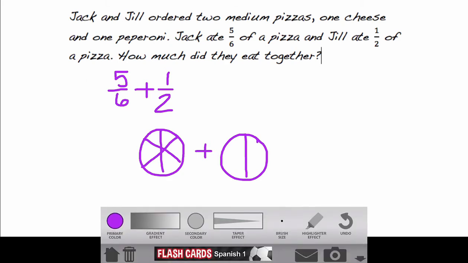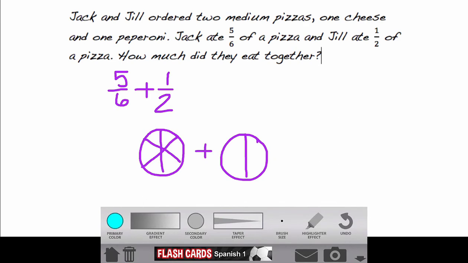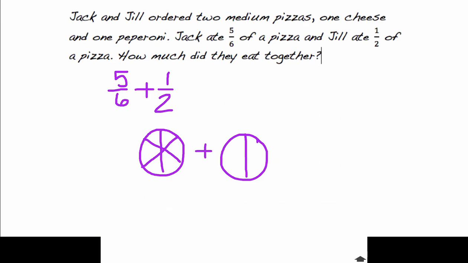Now let me change colors real quick. Okay, so if Jack ate 5/6, we have 1, 2, 3, 4, 5 of the 6 pieces of pizza, and Jill ate 1/2. The shaded regions represent what each person ate.